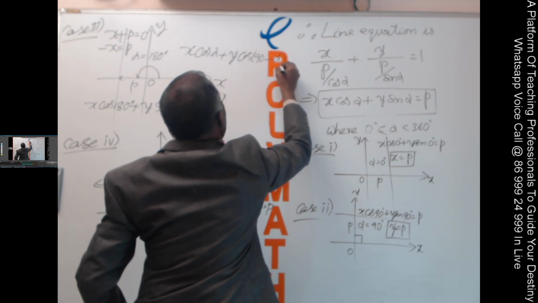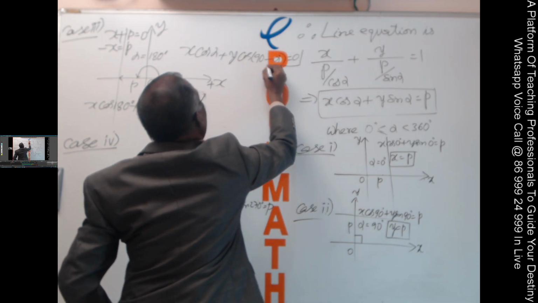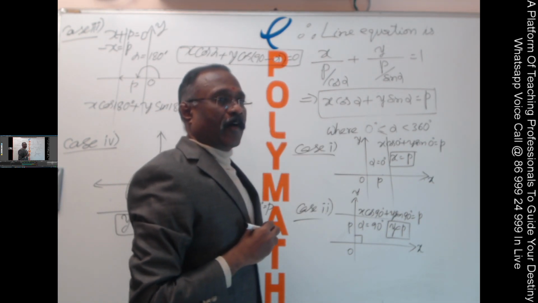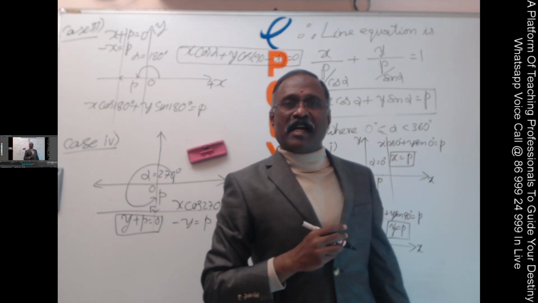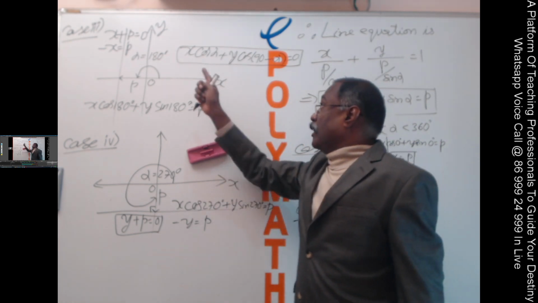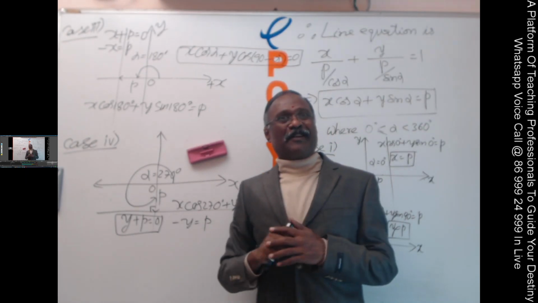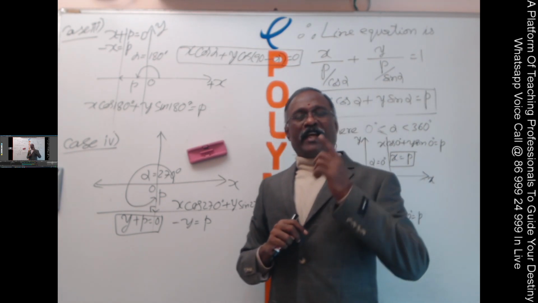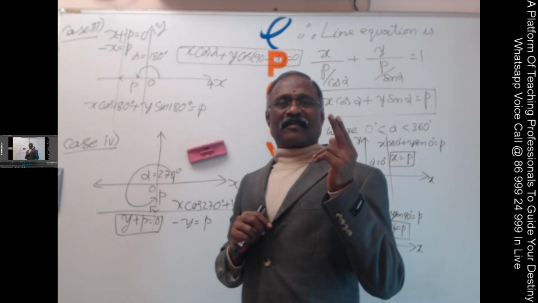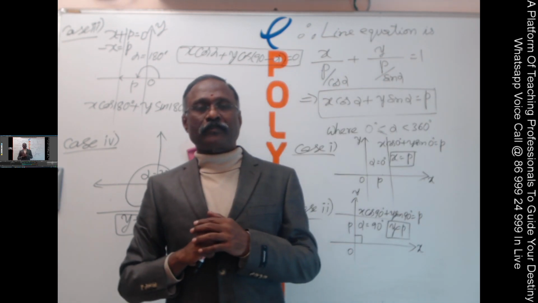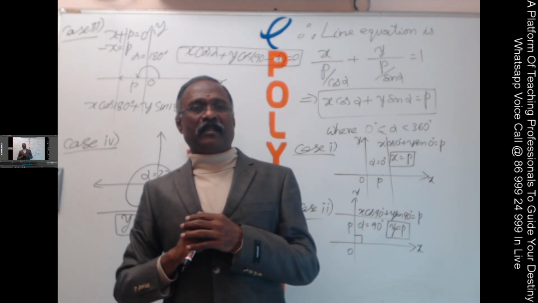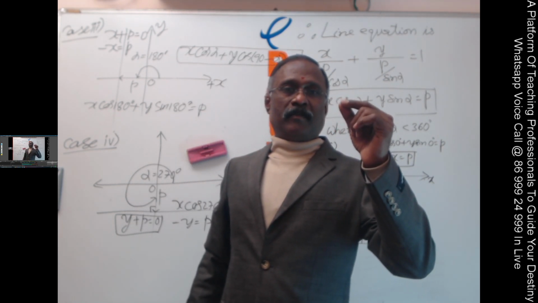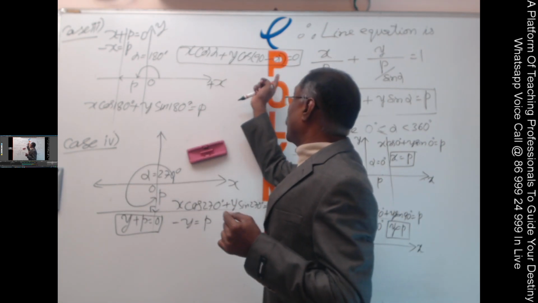x cos alpha plus y sin 90, y cos (90 minus alpha) is equal to 0. Just see that. That means it is a cosine, it is also a cosine. Don't forget that. Both are cosines only. So these cosines are termed as direction cosines.